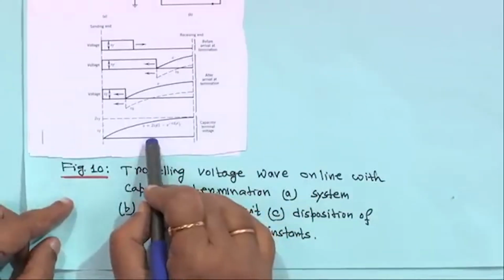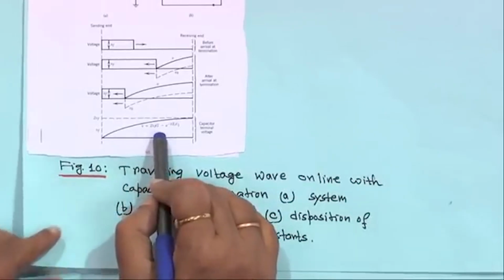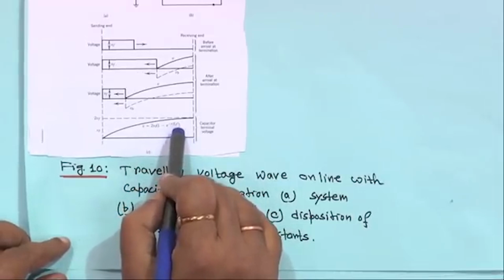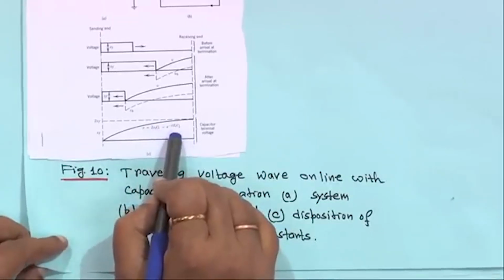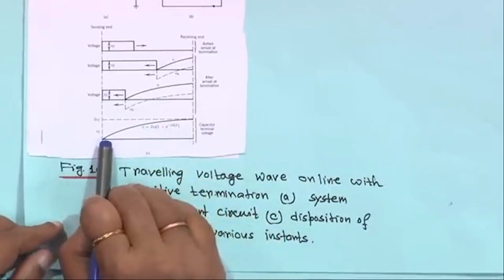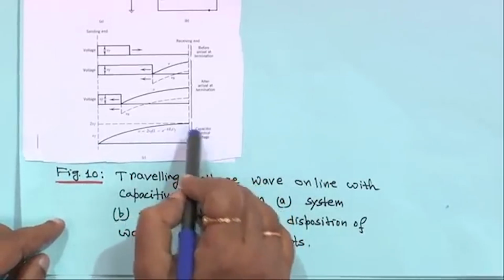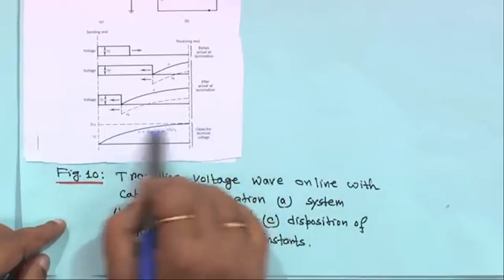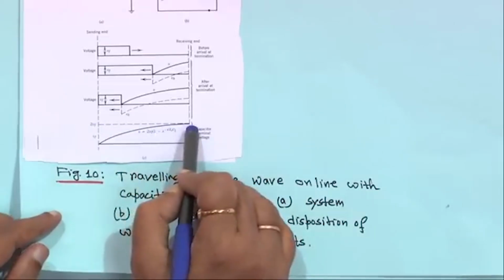For the capacitor, we have got this expression: V is equal to 2 V F times 1 minus e to the power minus T upon Z C into C. When T is equal to 0, V is equal to 0, and gradually it increases, finally reaching V equal to 2 V F, right.